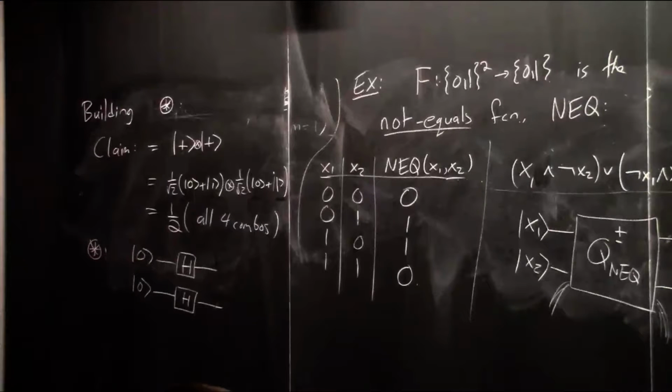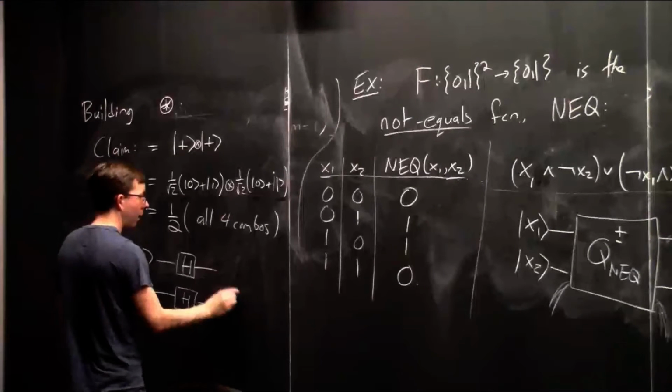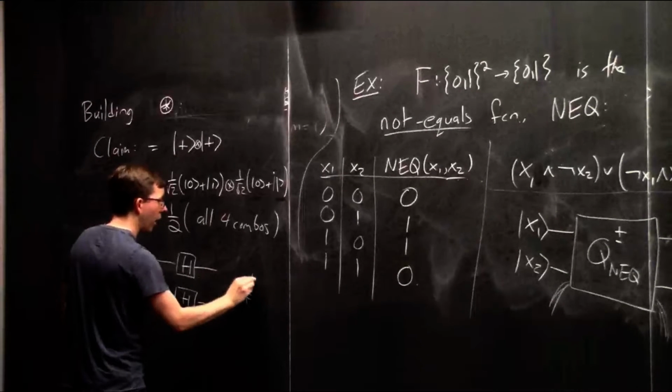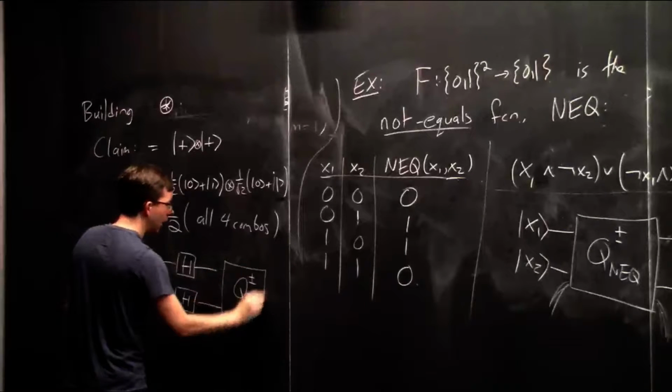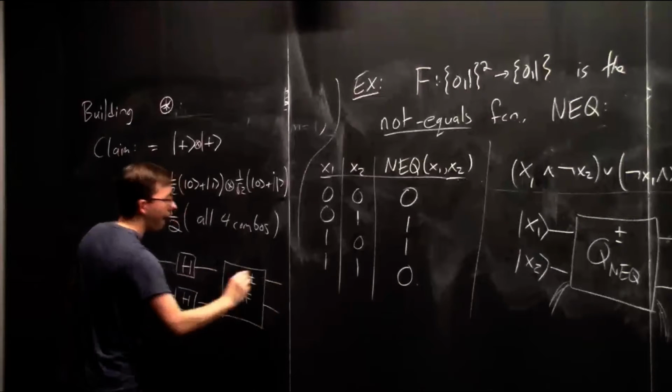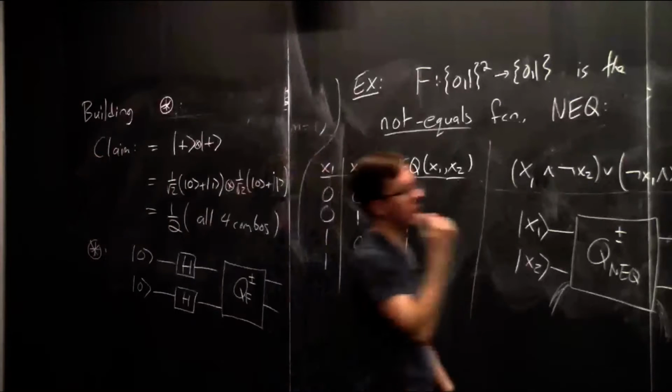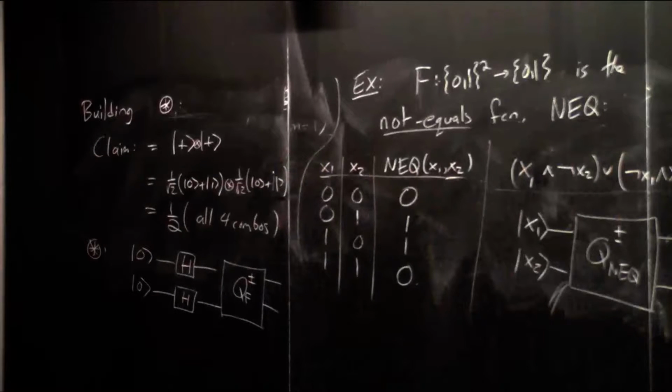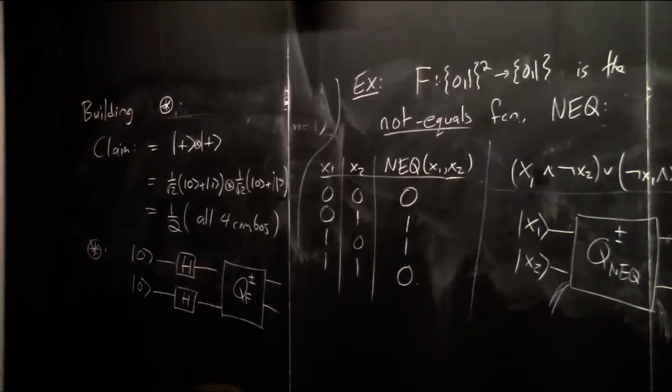And then we can do exactly this cool trick. We can plug it into our quantum circuit that implements the not equals operation. And we get out, what do we call this, double star. We get out this cool state.